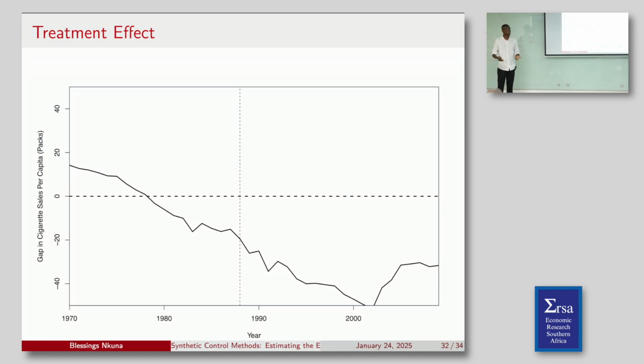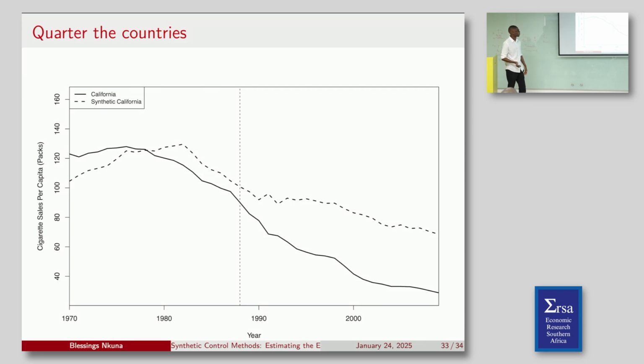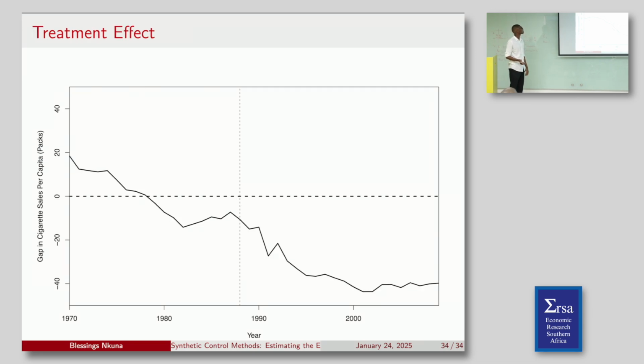If you have too few, then it's very hard for the model to find optimal weights. Even if it does, like it did here, the treatment effect will be a bit off. And then I cut to a quarter of the countries. It seems to improve a bit more. I don't know, maybe a stroke of luck. But I think the general lesson is that we need a good number of countries and we need good determinants.